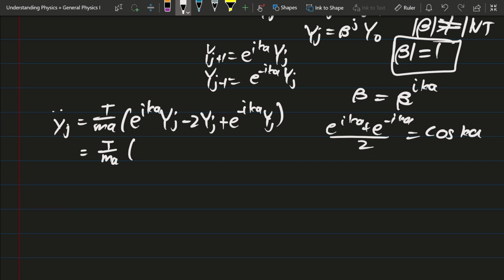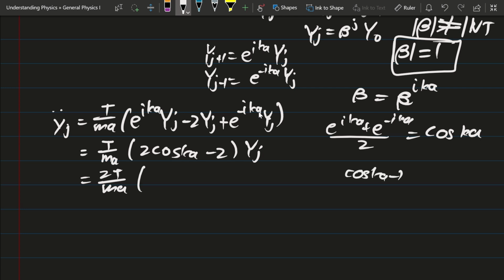So you would obtain this to be 2 cosine ka minus 2 times y_j. And you would later obtain that this is 2T over ma, and then this part of cosine ka minus 1, if you divide it by 2, this will equal to the, oh, sorry.